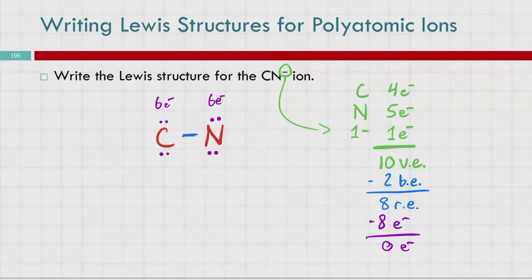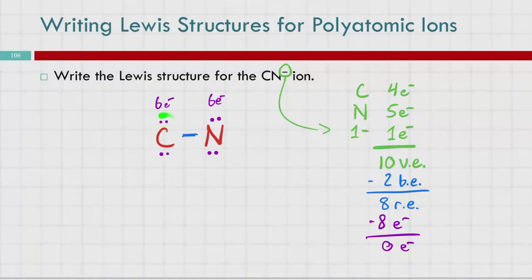It is also not happy. Where can we find some more electrons for our carbon and for our nitrogen? From each other. The power of friendship.